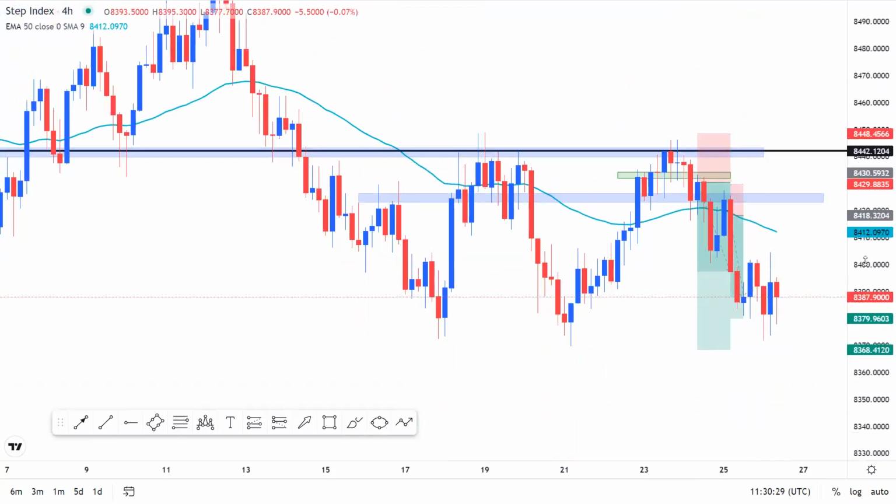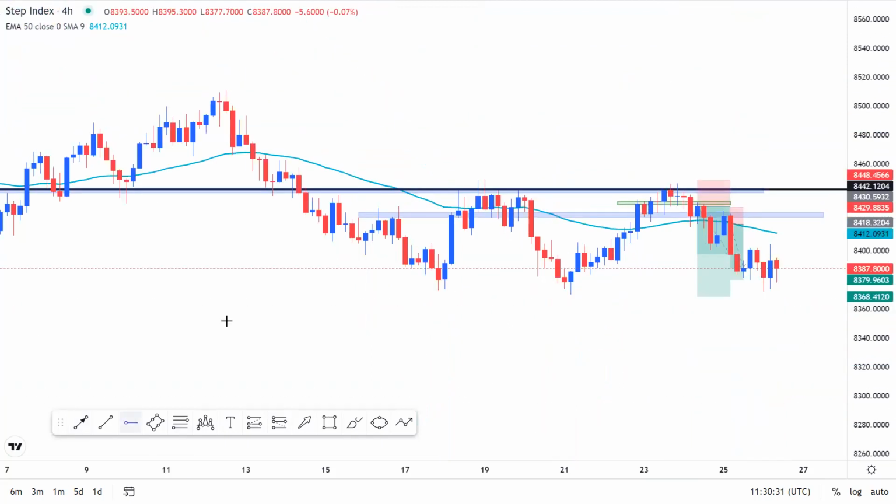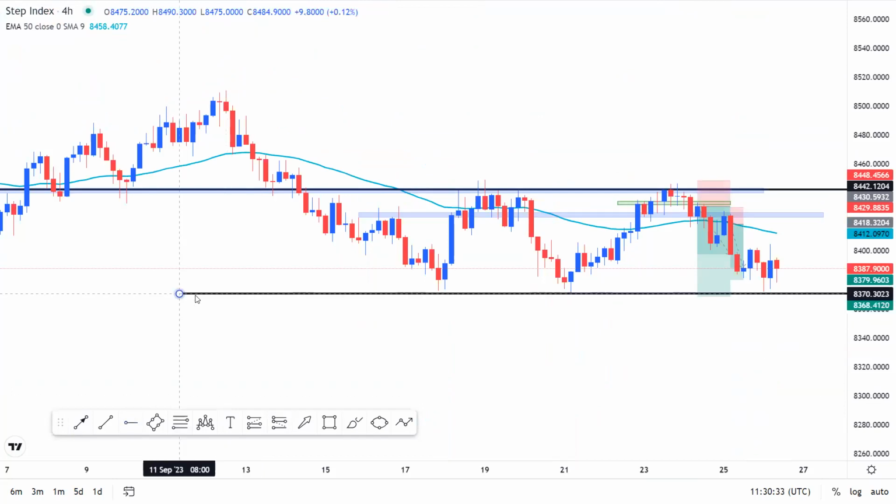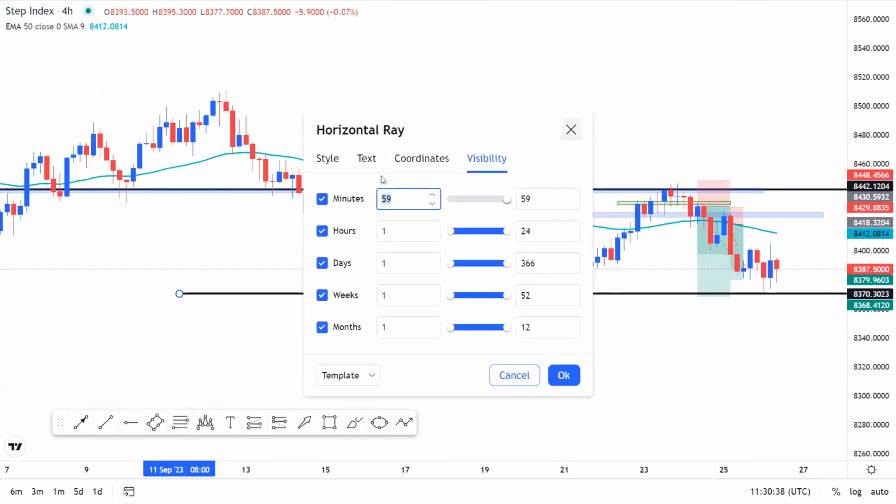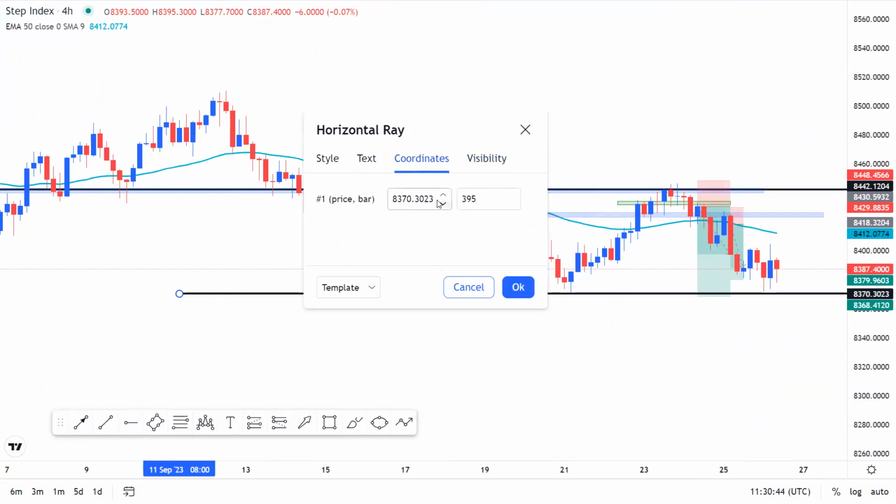Having entered both trades, I pretty much was anticipating for price to come and test the previous daily lows, somewhere around the 87, 83, 70 psychological round number.